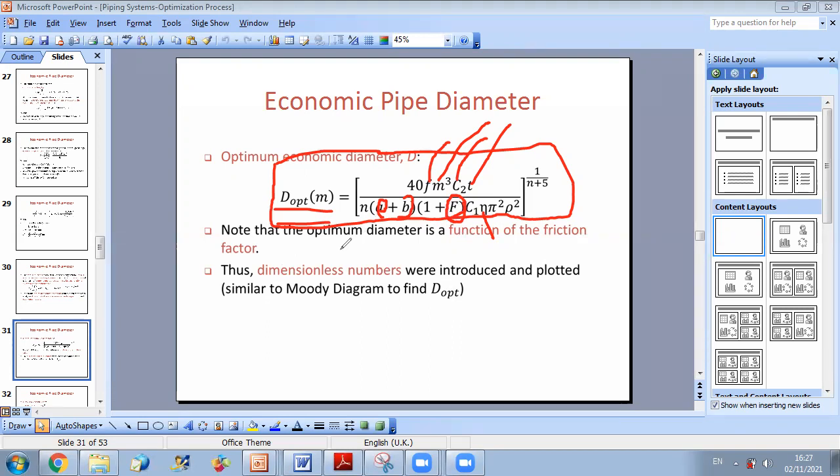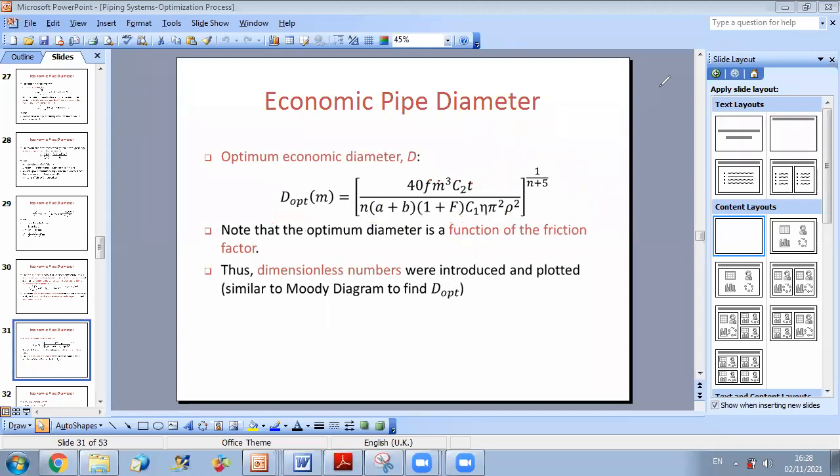Here you don't know the diameter beforehand, so in order to get f, we need to come up with charts that will help us find f and the optimum. We'll see in the following how to do this, what these charts are and how to use them.